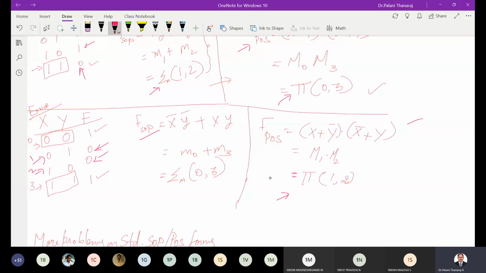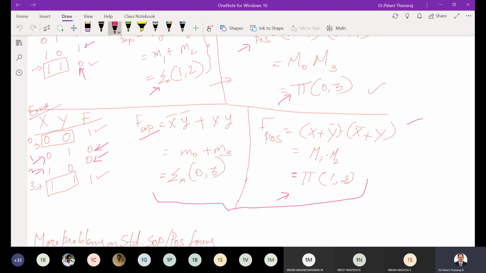So what is the inference here? Suppose you tell me, you observe these two expressions. What is your inference? What do you understand when you compare this table and this expression for SOP and POS? Anyone? What inference do you get?